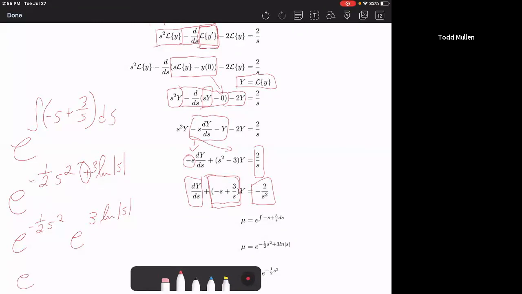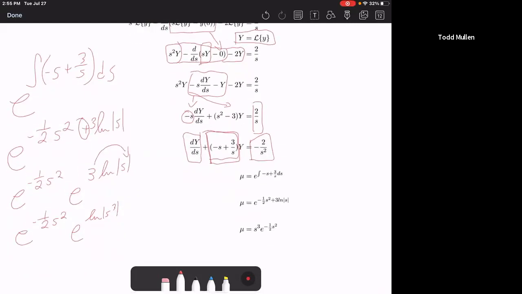Now we have e to the negative 1/2 s squared times e to the ln s cubed, because our law of logarithms says that 3 can come in as a power. And then finally, we have e to the ln of something, so that can just cancel out. So this s cubed comes all the way down as a factor. And we get s cubed times e to the negative 1/2 s squared.